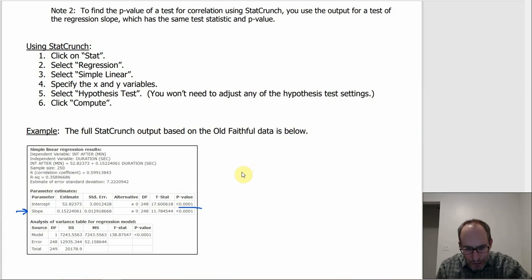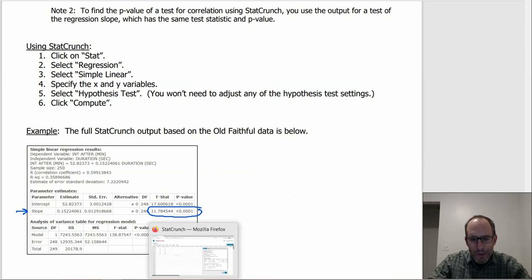The things we actually want are these: the t-stat is the test statistic, and then the p-value. And I guess we can go through and get this one while we're at it. Oh no, this isn't the houseboats. This is the Old Faithful. Yeah, we can do that one too.